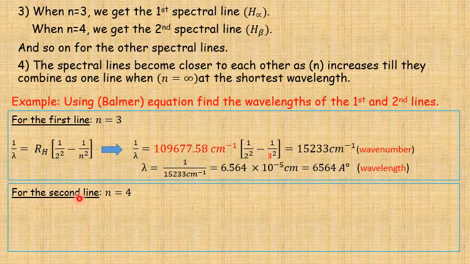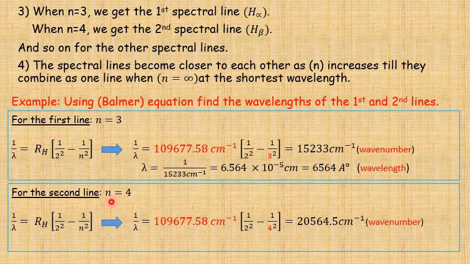For the second line, n equal 4. Now n increase to become what? 4. Same way we will substitute it in the equation. RH is a constant, never change, but now n equal 4. We will get this number as wave number for the second line.